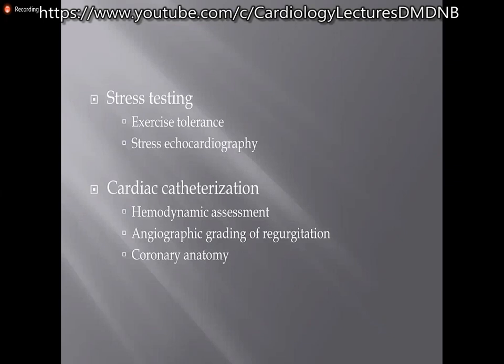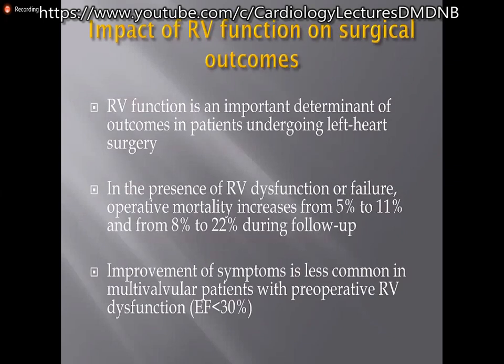as far as assessment of valvular lesions is concerned. What is the impact of RV on surgical outcome? I am just trying to stress this particular aspect because it is the most neglected. We always talk about LV function and we don't talk about RV function, because RV function is an important determinant of outcome in patients undergoing left heart surgery.